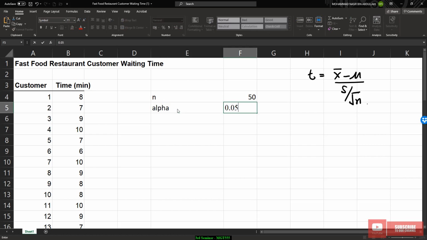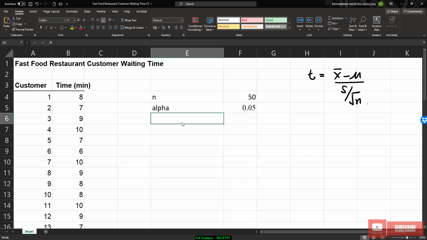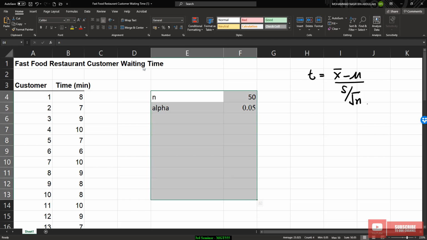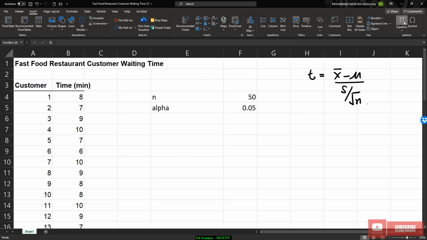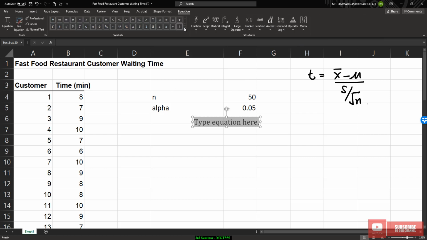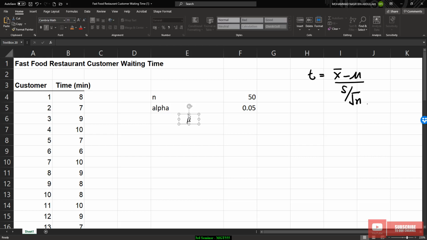And of course we need to know our alpha. Alpha is 0.05. Let me change this one to Calibri. Okay, and then our mu. Let's say I insert the formula. What is our mu?